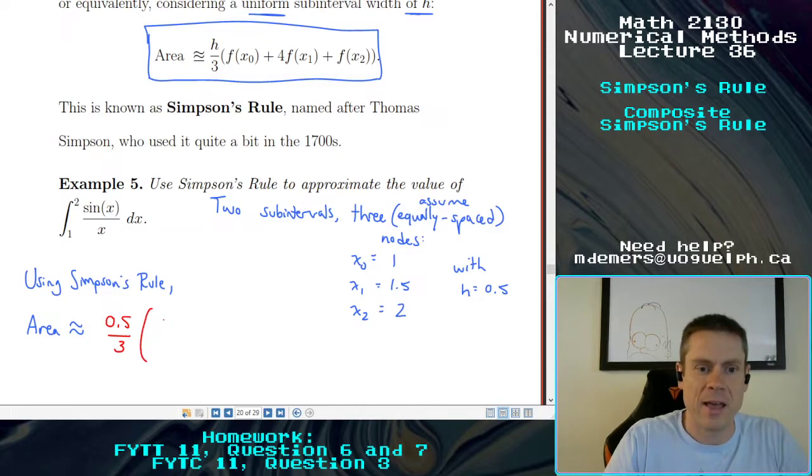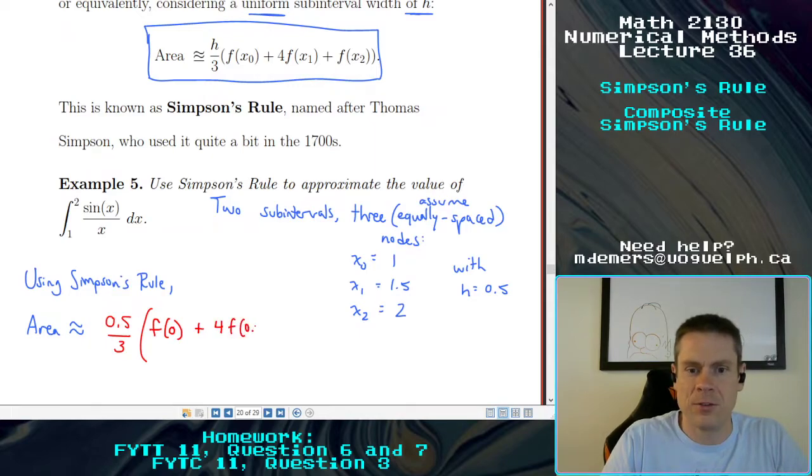And then we take f of 1 plus 4 f of 1.5 plus f of 2. Not f of 0, f of 1. That's our first node. F of 0 would be pretty tough. We have a sine of 0 over 0. That would cause some issues, wouldn't it?